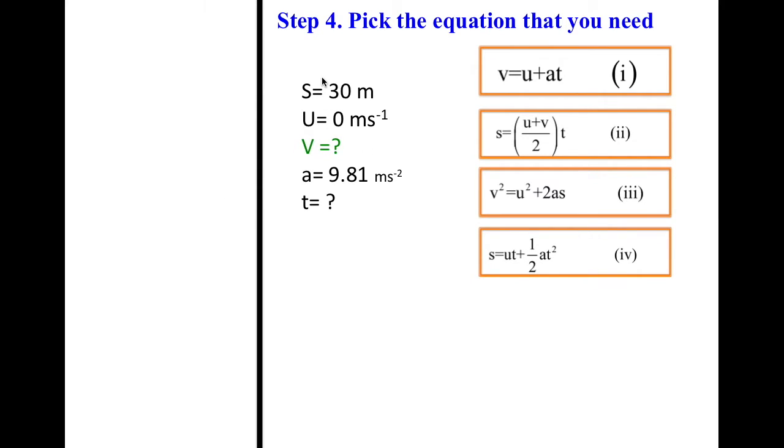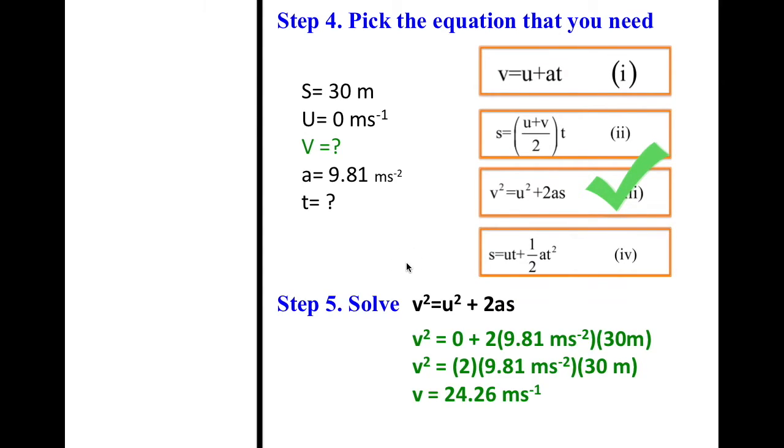We have S, U, V, A. What could I use over here? Here we go, S, U, V, A. Go ahead and plug this all in, and your answer should be 24.26 meters per second, and that is your velocity after the ball has traveled from rest to 30 meters.